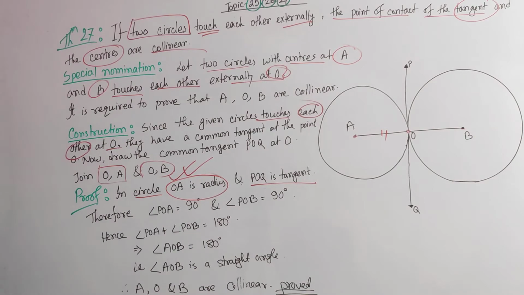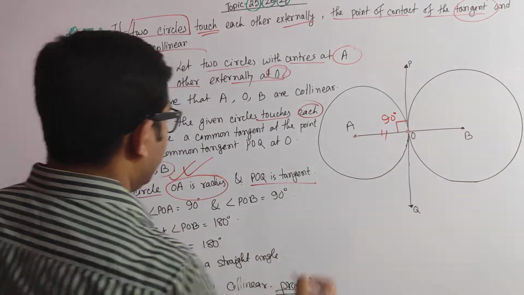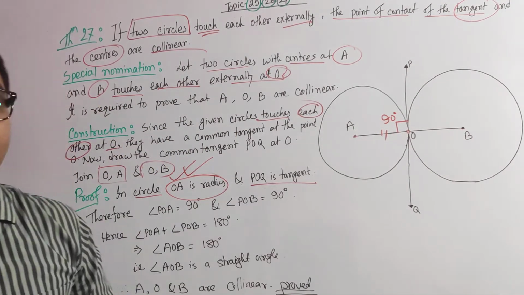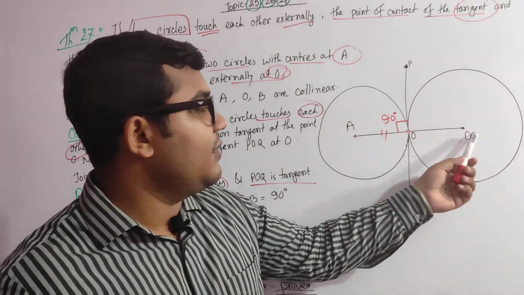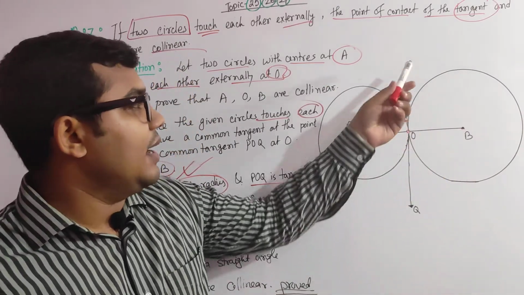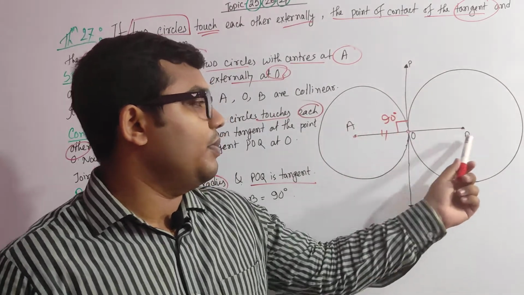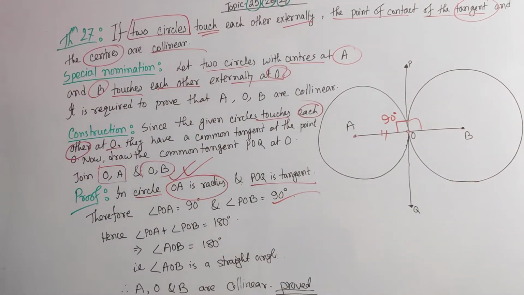For that reason it creates a 90-degree angle here, so POA is 90 degrees. Similarly, in this circle with center B, OB is the radius and POQ is the tangent, so POB must be 90 degrees.